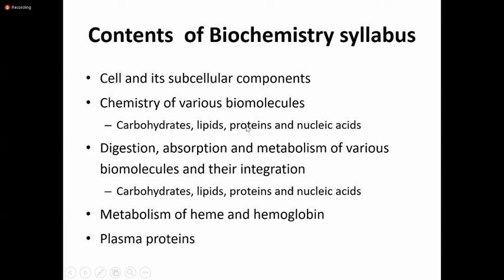This pyruvate enters the Krebs cycle as acetyl-CoA, and at the end of the Krebs cycle you will get NADH, FADH2 molecules, which will again generate energy in the electron transport chain. So this is how basic metabolism looks. If you take the example of glycolysis, it involves various steps catalyzed by various different enzymes.